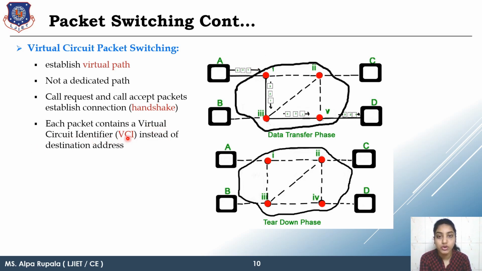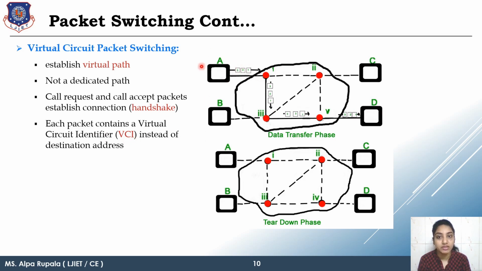That means from A, your data will go to path 1, then path 3, then path 5, and then path D. This route is fitted as a VCI into your packets.